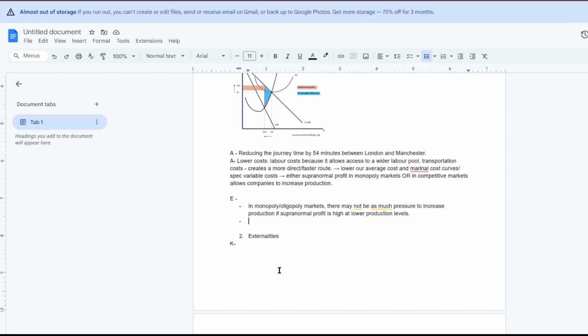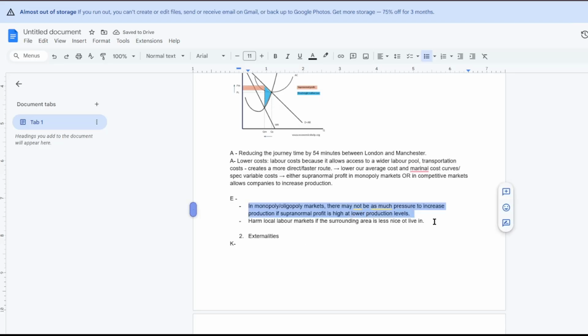We might also look at how it might harm local labor markets if the surrounding area is less nice to live in. So maybe that's a counterpoint to the lower labor costs, right?